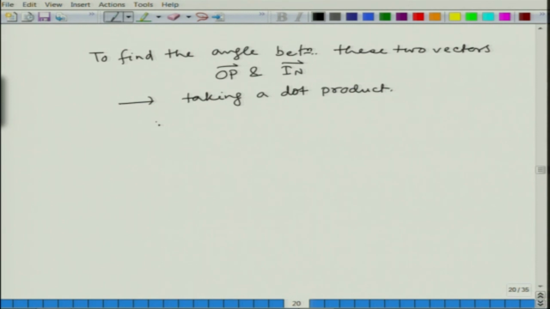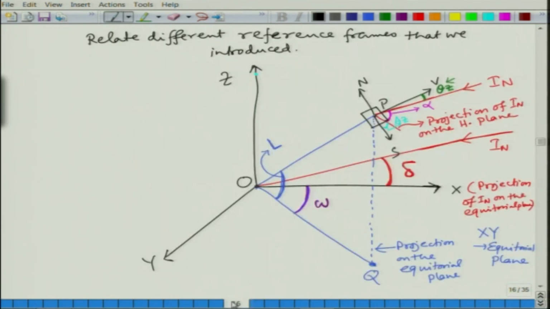And let me go back to this figure where the angle between IN and OP we can see. Okay. Let me take this color. So, you can see here that OP, when it is getting extended, we are getting this PV vector, right.